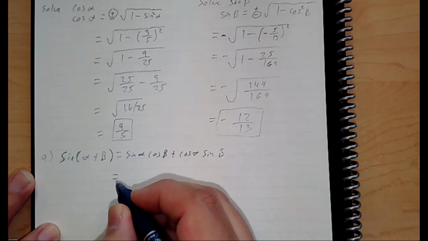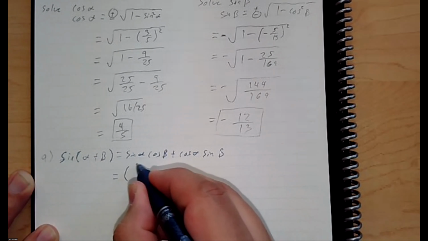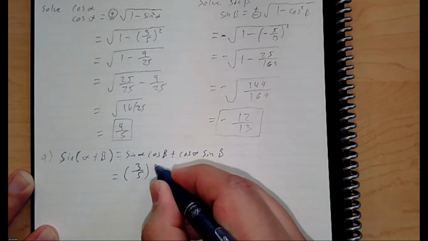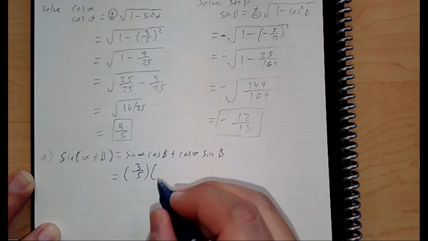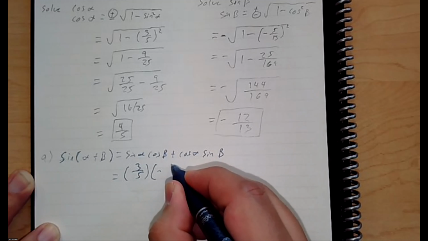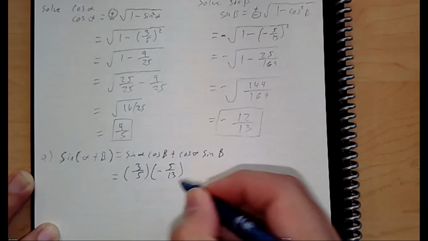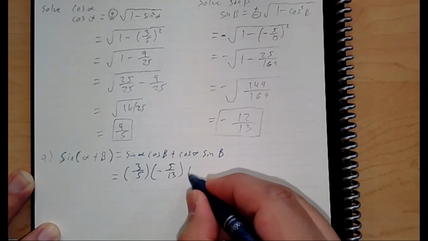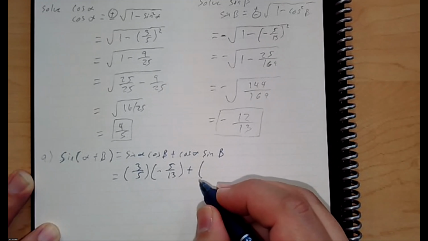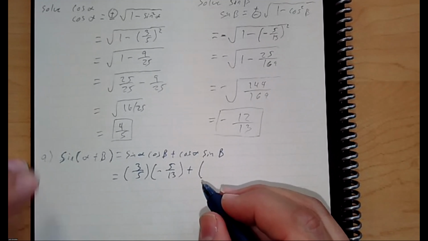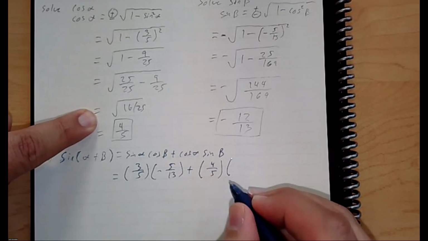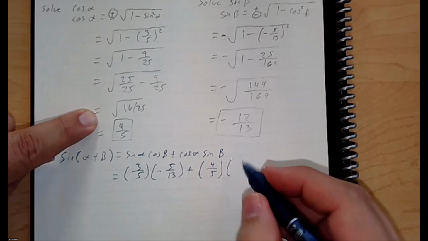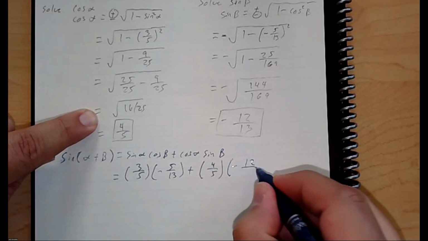That will be 3/5. Cosine beta is -5/13, plus cosine alpha is 4/5, sine beta is 12/13.